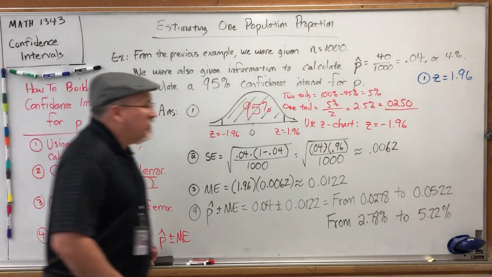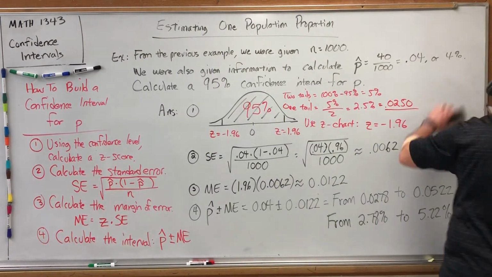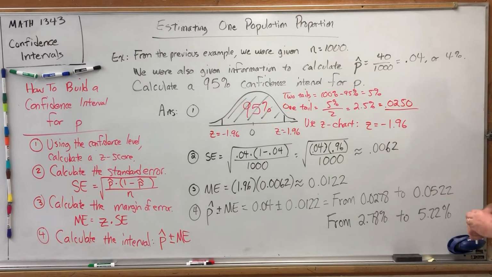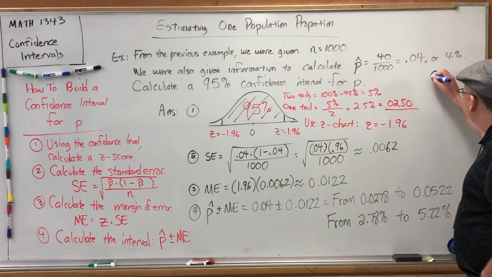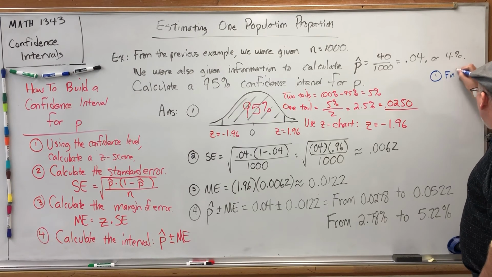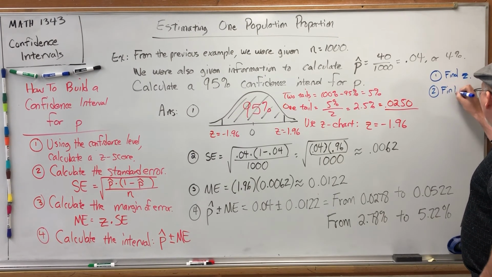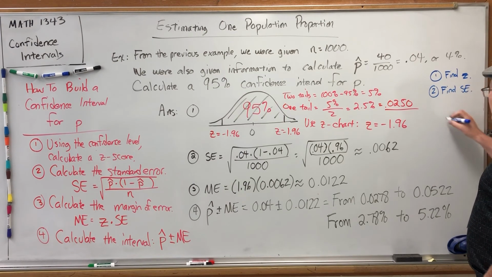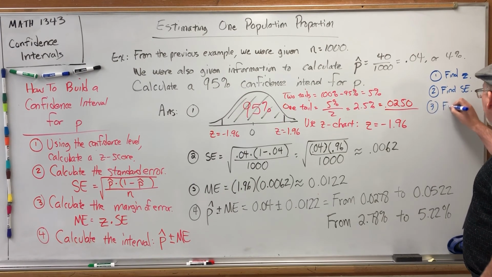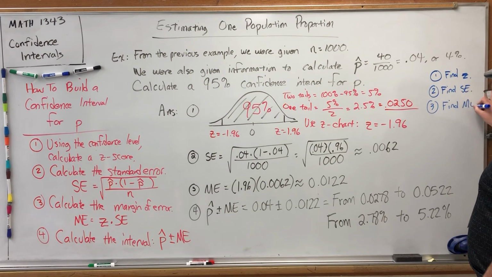And in fact, we could even write those steps with a lot fewer letters. Number 1, find z. Number 2, find the standard error, that's just a formula. Number 3, find the margin of error, again, that's just the formula. And number 4, find the interval.